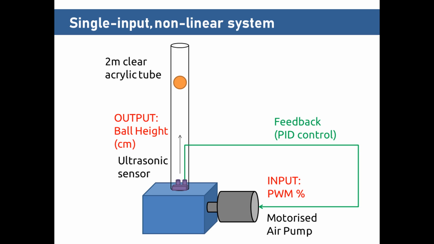Our input to the system, therefore, is the pump motor duty cycle, going from 0 to 100%, and our output is the ball height within the tube in centimeters, measured by an ultrasonic sensor in the bottom of the tube. We use a PID control algorithm to vary the pump motor duty cycle using feedback from the ultrasonic sensor.